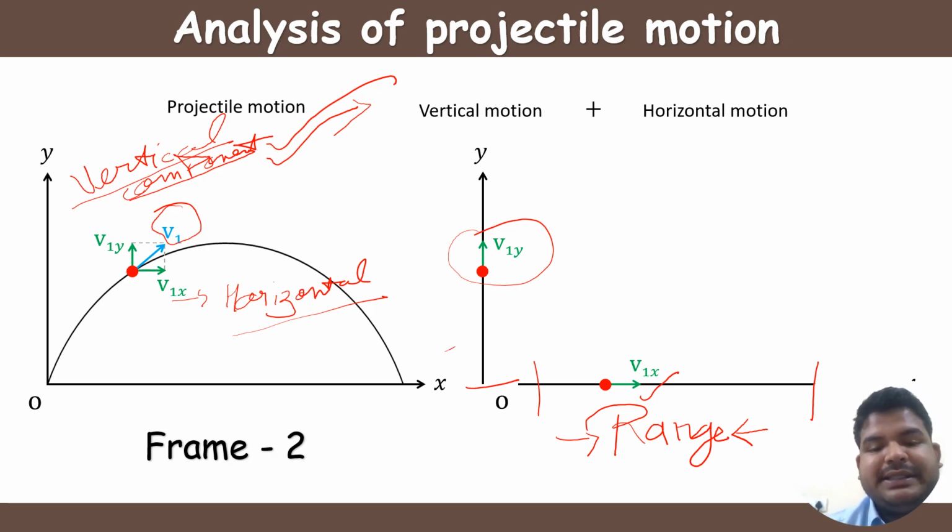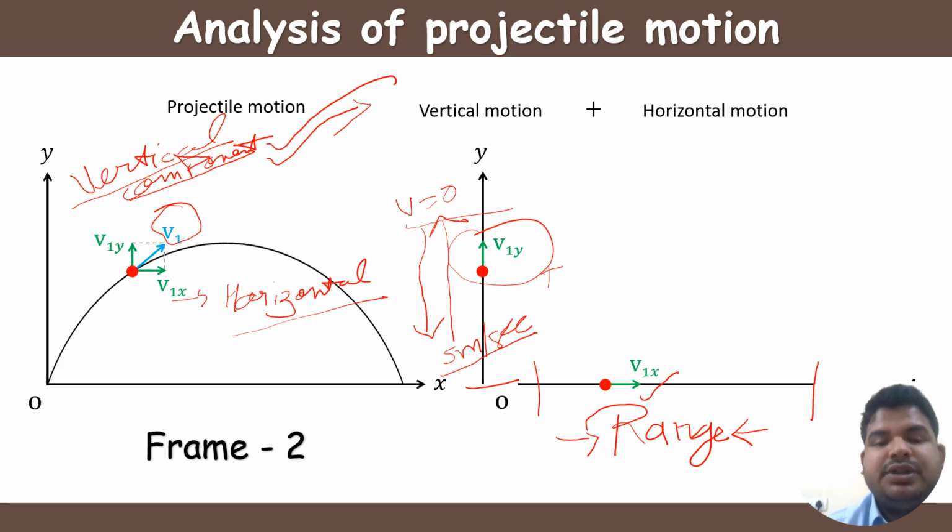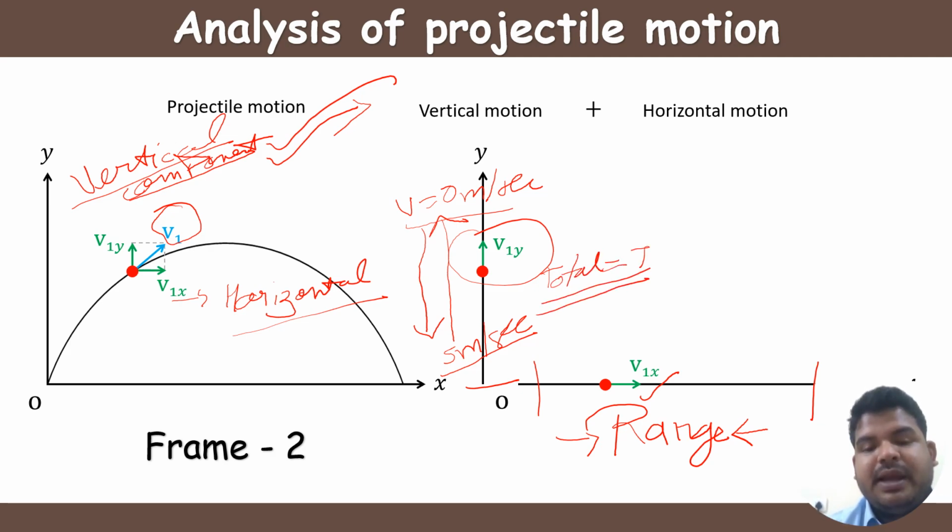Suppose the vertical velocity has started from 5 meter per second and it reaches the top in a given time period t. Then it again comes back to 5 meter per second. Here the velocity is 0 meter per second. Then the time taken by going up and going down is the total time t, and the horizontal velocity does not accelerate or decelerate, it is constant.